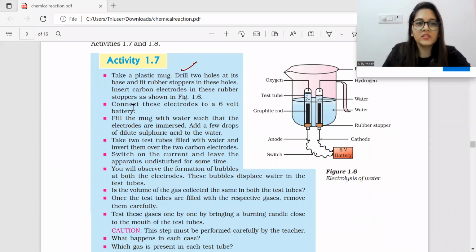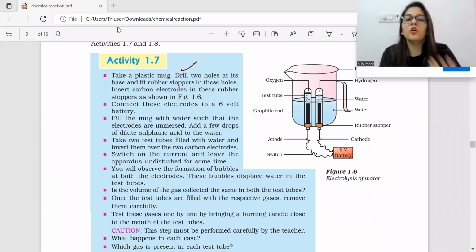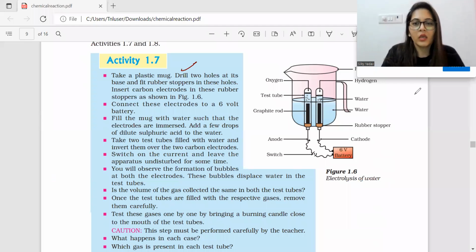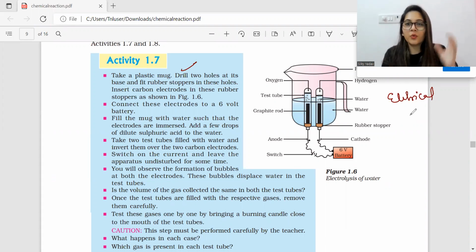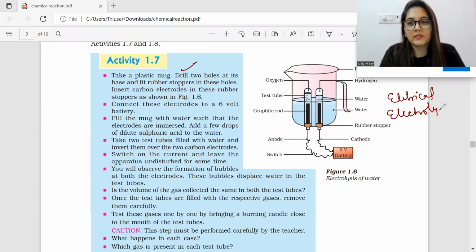Activity 1.7 is again a decomposition reaction. This time we'll be talking about electrical decomposition, and whenever we are using electricity for decomposition, that is called electrolysis. The word lysis means breaking.